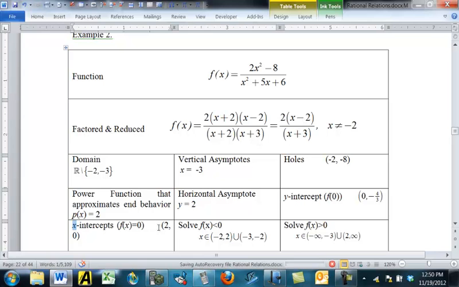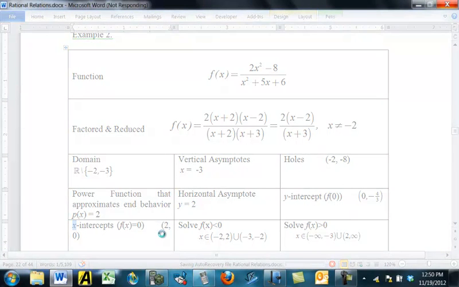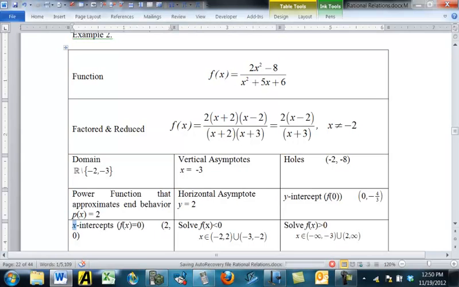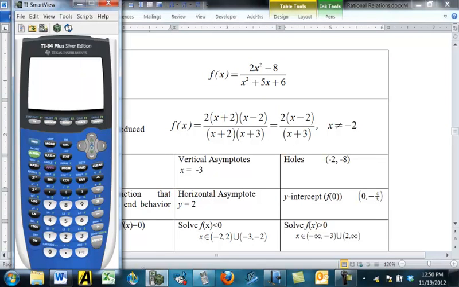Now notice x equals 2, you can pretty clearly see in that factored version is going to make y equal to 0, and so that is your x-intercept. And again, you can see that on the graph a couple of ways. When you look at the graph, that's going to be the one and only place it crosses the x-axis, right there.